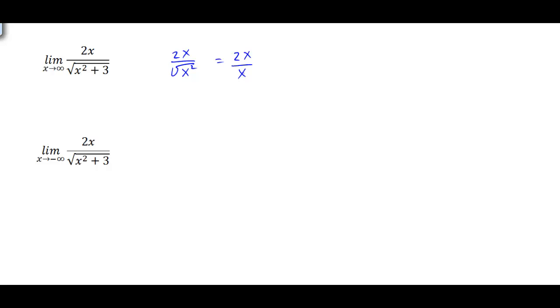And if we think of taking the square root of x squared, then you're left with 2x over x. And at this point, you can compare the exponents. They're the same. So the coefficient would simply be 2 over 1. And therefore, our limit would be equal to 2.